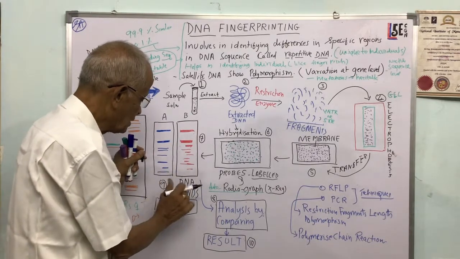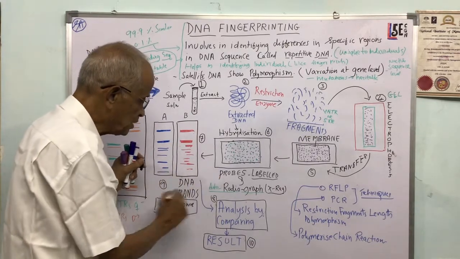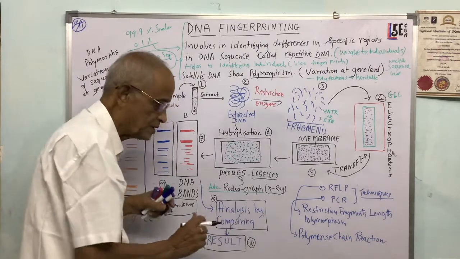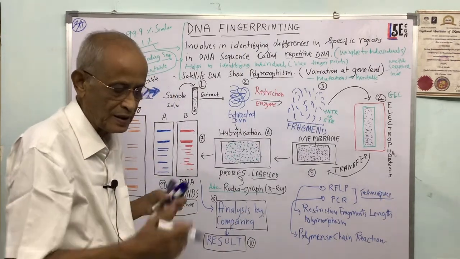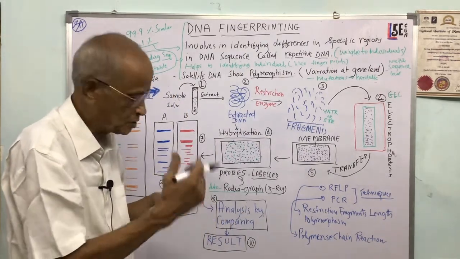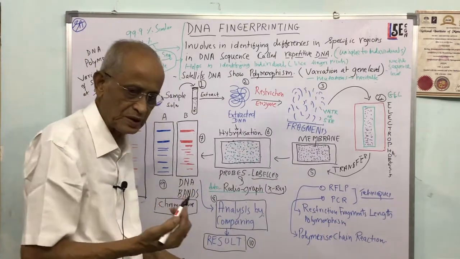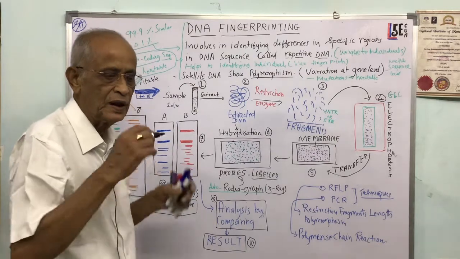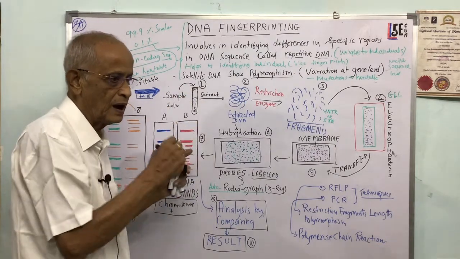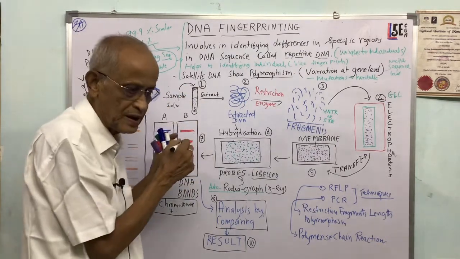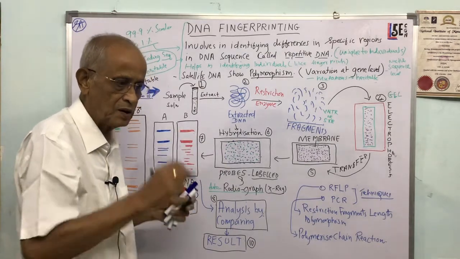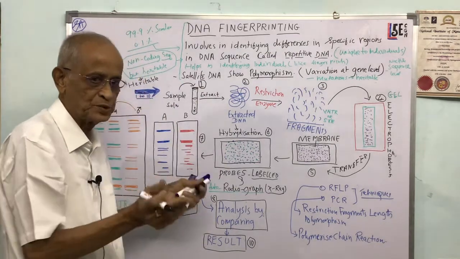So like that you get the DNA bands, and these bands will be analyzed by the specialist, and they may compare with some reference material, and they will announce the result. Result means they say whether the DNA of person A and the referral DNA will match or not.